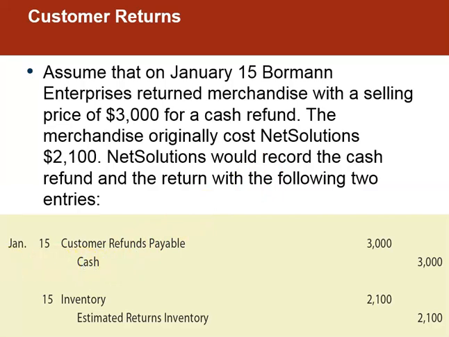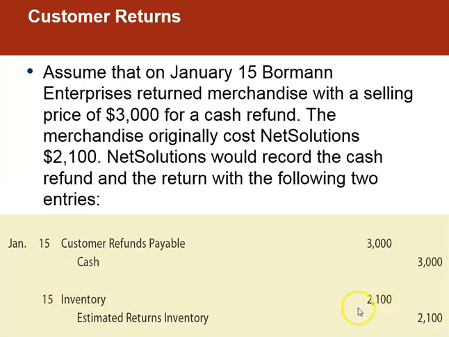Now let's just say that there was nothing wrong with this merchandise. Keep it simple. Just maybe the wrong color, wrong whatever. They paid $2,100 for it, so now they're getting that inventory back. Originally, they credited this inventory when they sold it, but now they're getting it back, so they're putting it back on the books, back on the balance sheet at $2,100.